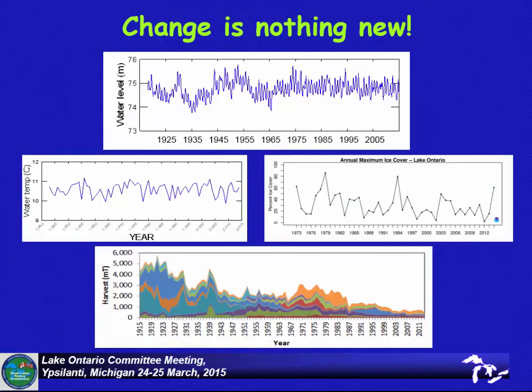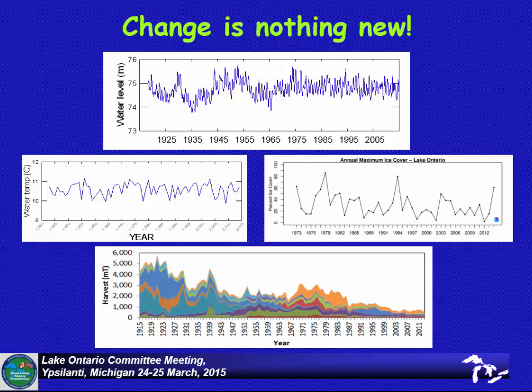But ecological change is nothing new out there, so why do we need to suddenly embrace it? These are a series of different data for Lake Ontario: fluctuations in water levels at the top, average lake temperature, ice cover, and even changes in commercial fisheries, both composition and production.